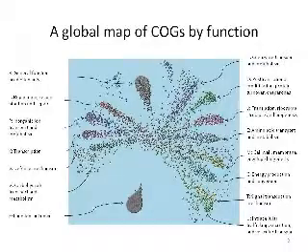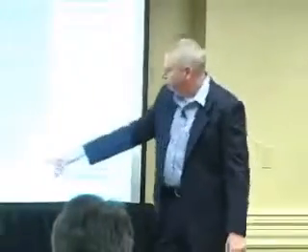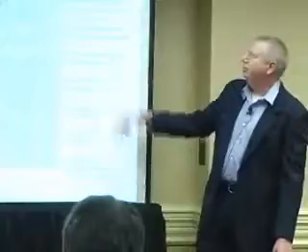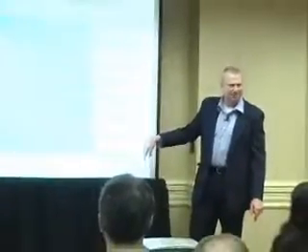So here's a 2-dimensional map that we've produced, where each one of these blobs represents a single cluster in the COG database. We have 25 functions, and that's not part of the prototype.